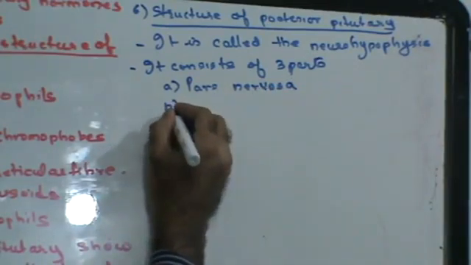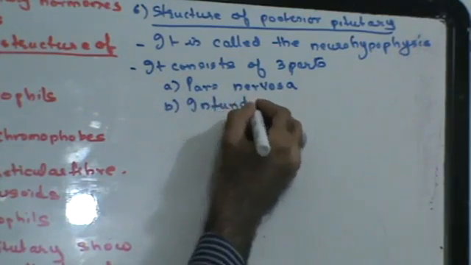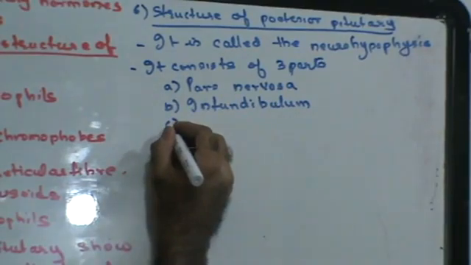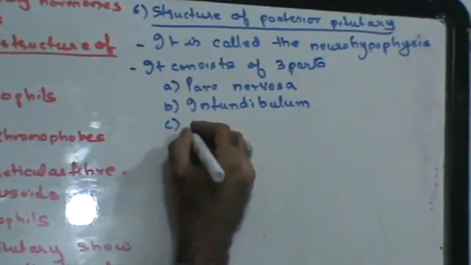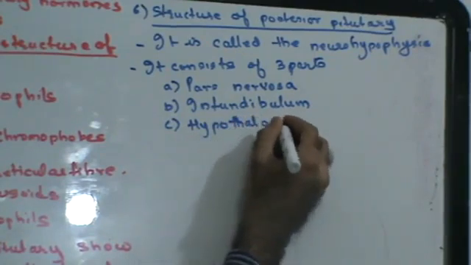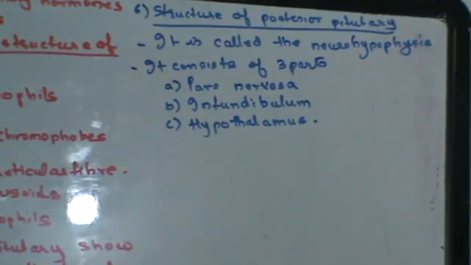Next, infundibulum, and third, hypothalamus. Now, the infundibulum is also called the stalk, which is made up of median eminence and hypophyseal stalk.